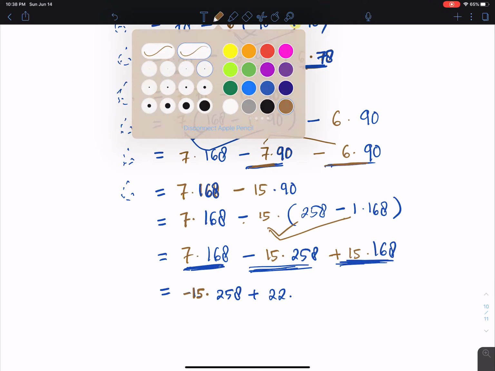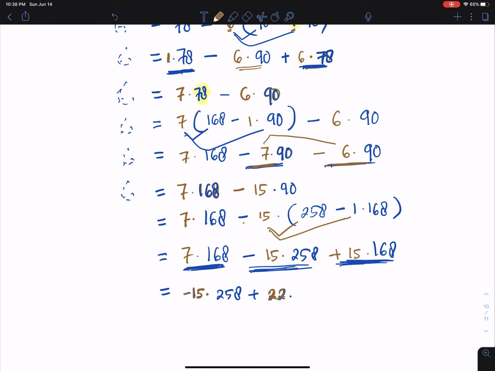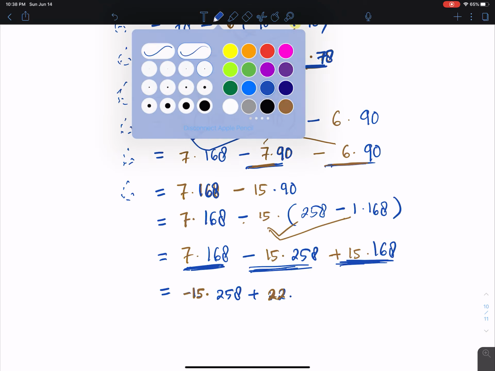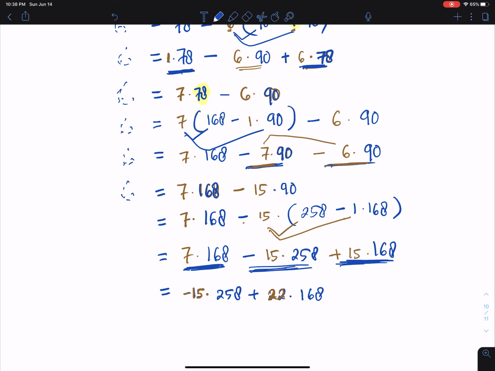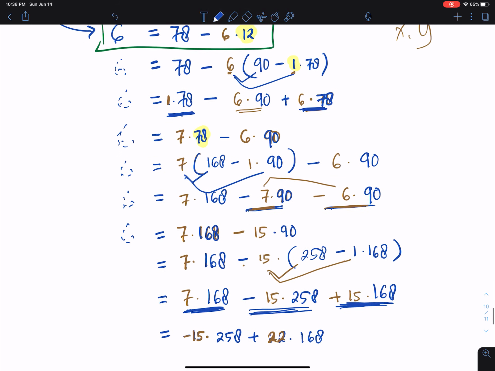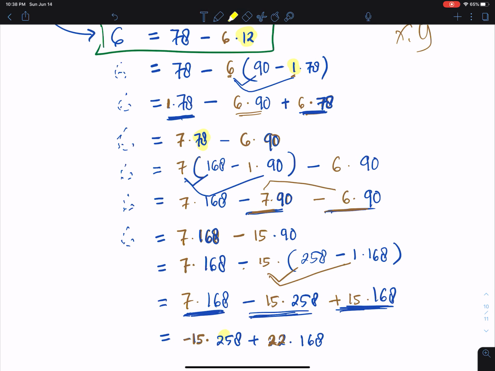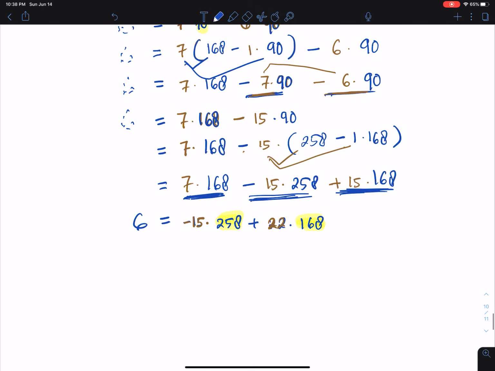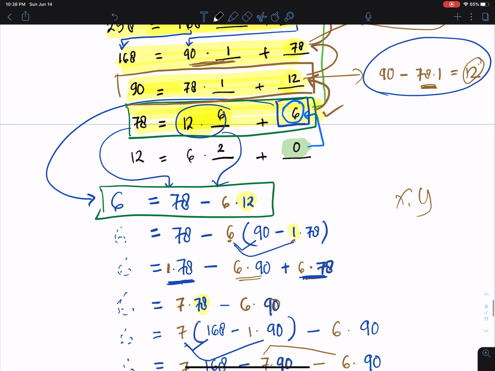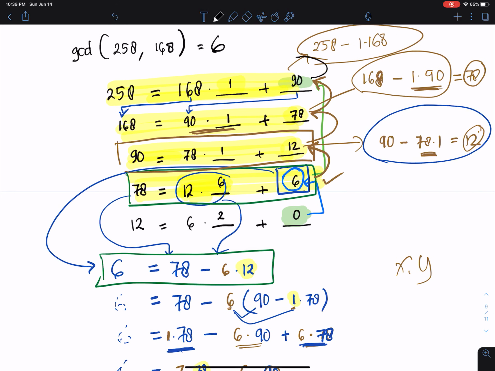Sorry, I will use this one. 22 168. And that's our number, remember, 258 and 168. And over here we have 6. Now, this is the final one because there is no more, right? This is already the top one.